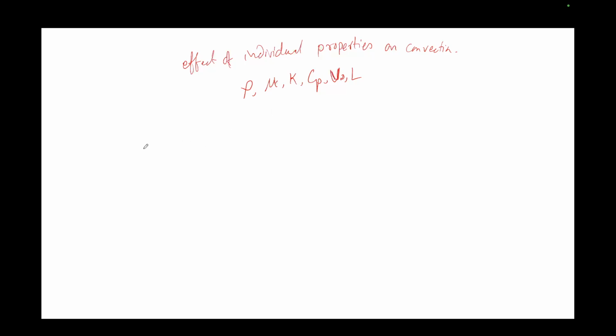First, if I talk about the density rho, what will happen? If the density is more, the inertial force is more, so there should be stronger fluid motion. With stronger fluid motion, the boundary layer is thinner.